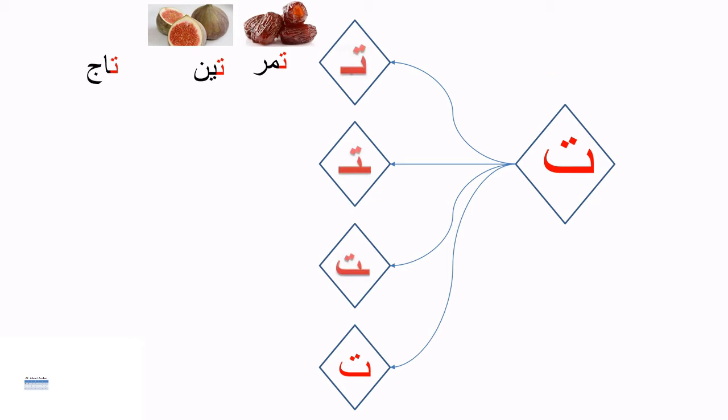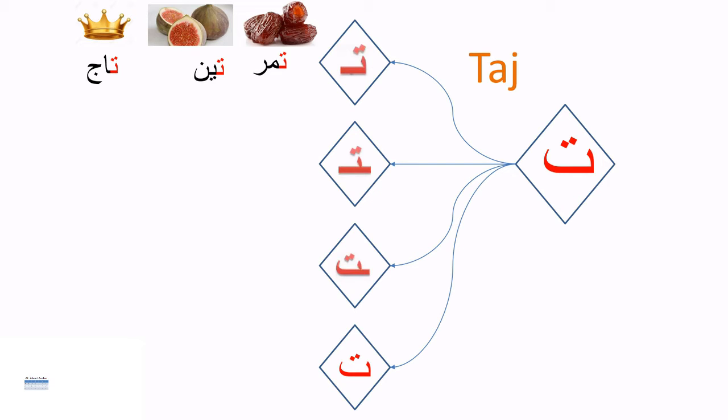Taj means a crown. Again, if we remember from the first lesson that harf al-alif here, the second letter in this word, is used as a mad, which means it elongates the sound of the previous letter. So we have taj, taj. We have to elongate the sound to make it different than fatha. Okay?